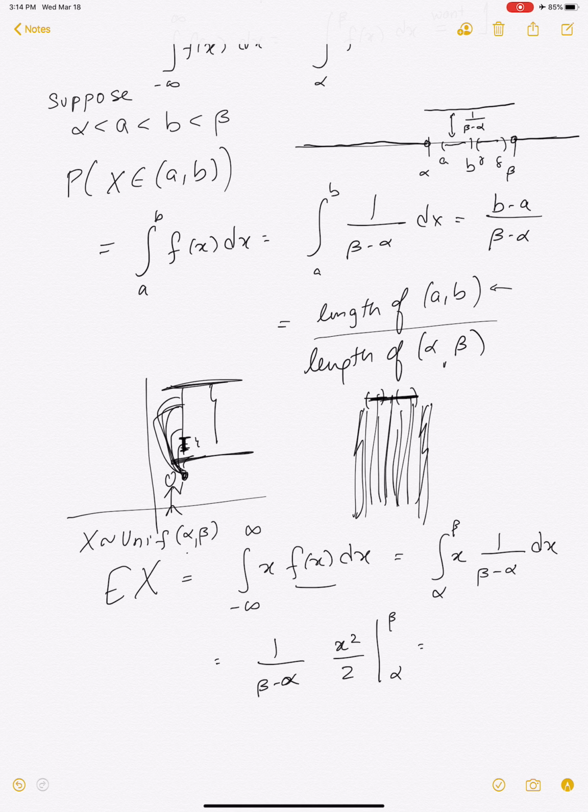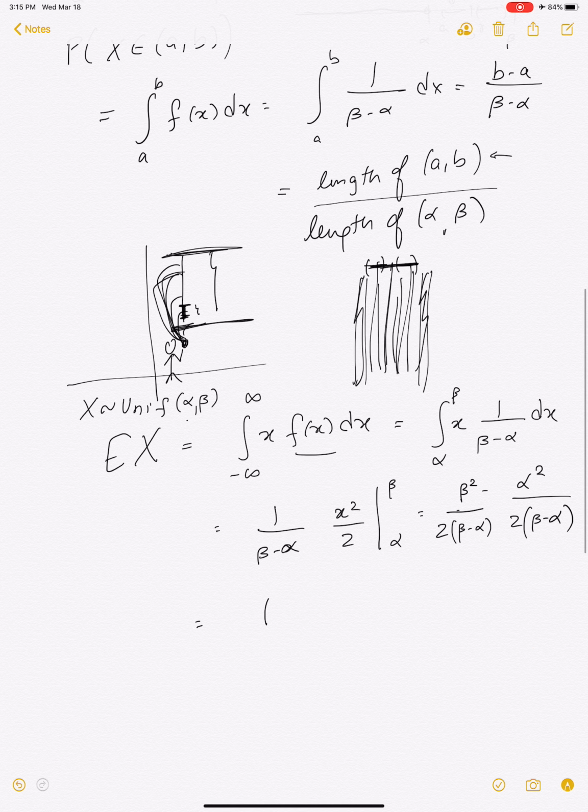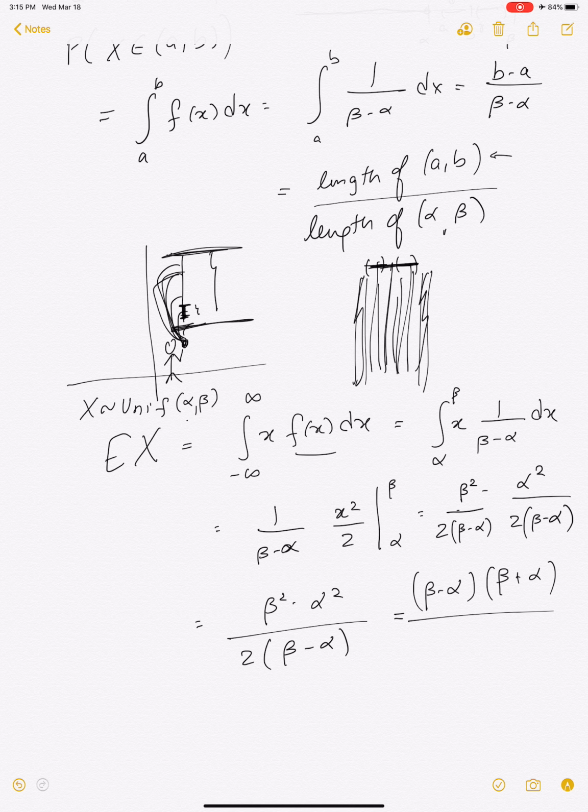All right, so let's write down what it is. It'll be beta squared over 2 beta minus alpha, minus alpha squared over 2 beta minus alpha, or if you want, you can write it as beta squared minus alpha squared over 2 times beta minus alpha. Well, let's factor the numerator. That's beta minus alpha times beta plus alpha over 2 times beta minus alpha.